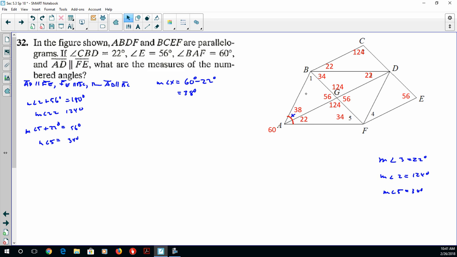Okay. So that's going to be what, 86? Is that right? 86. Let me see. 14 and 8 and 4. So, yep. Measure 86 degrees.